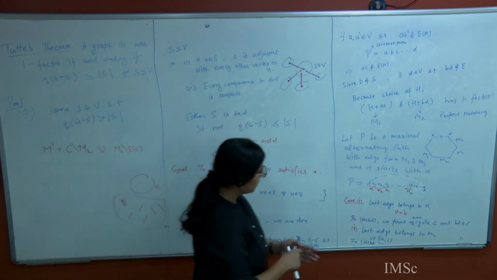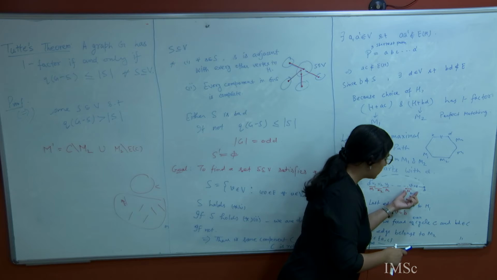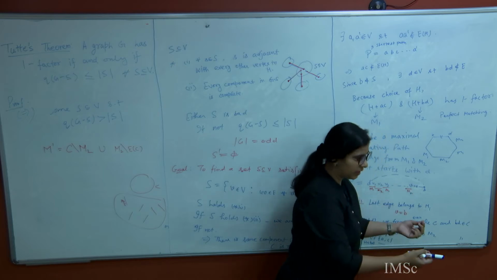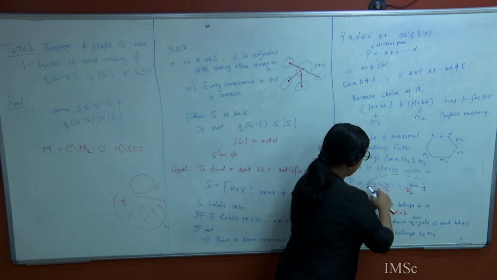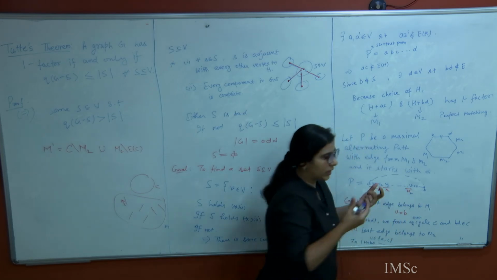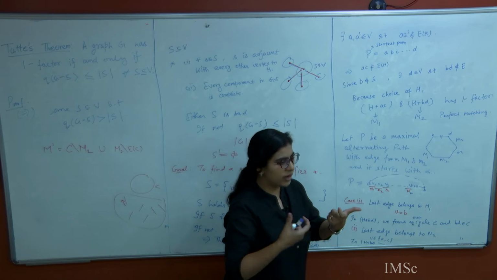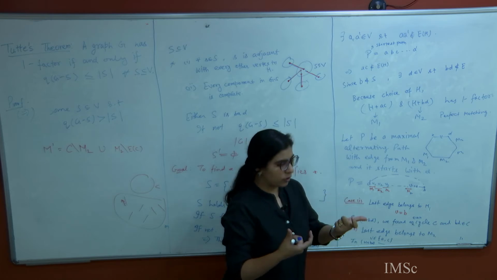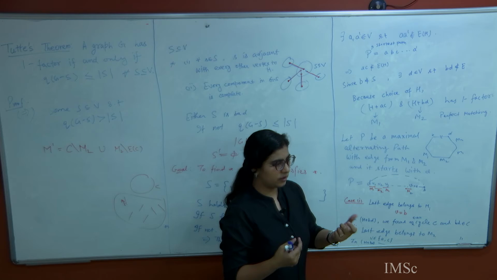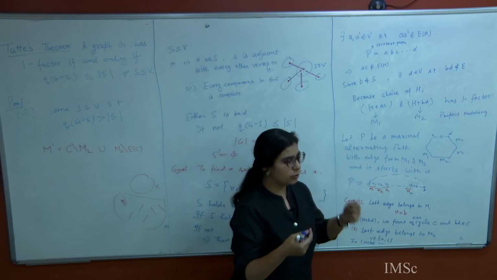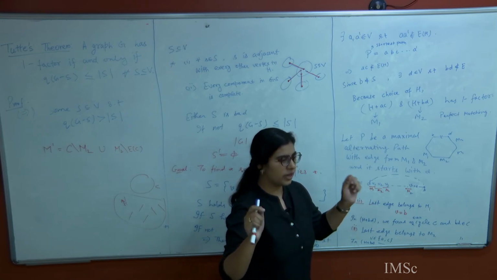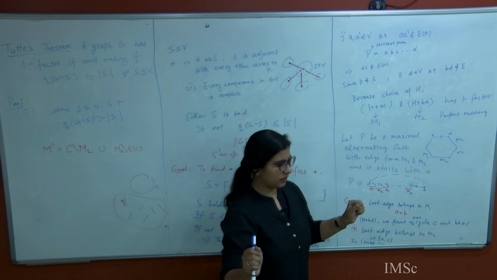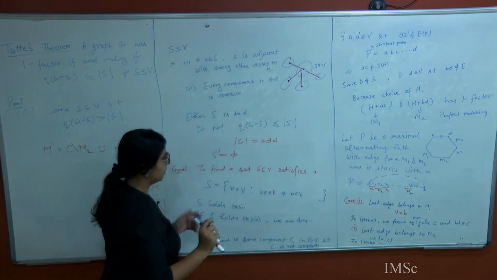And in the first case, our last edge was from M1, and this vertex V itself was B, so the first edge and last edge are both in M1, that means you have an M2 augmenting path, because the first and last vertex were M2 unsaturated. Okay, so in both the cases you can augment.